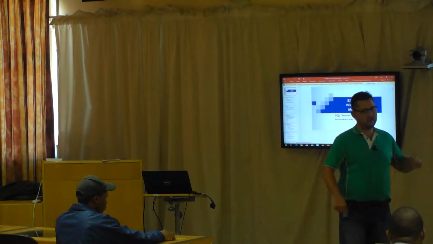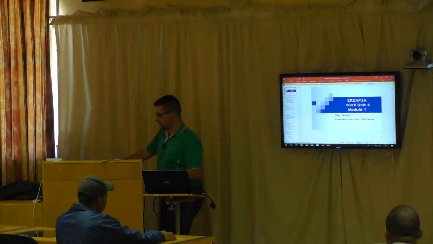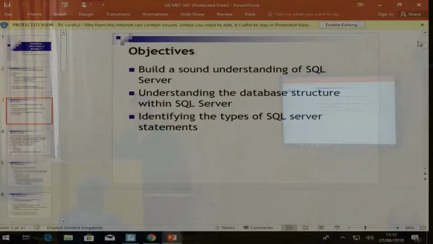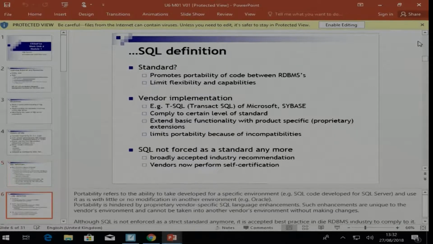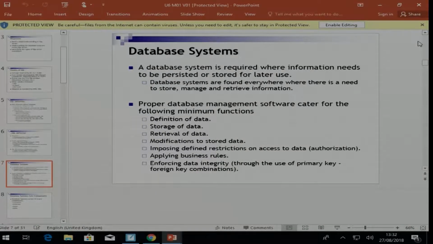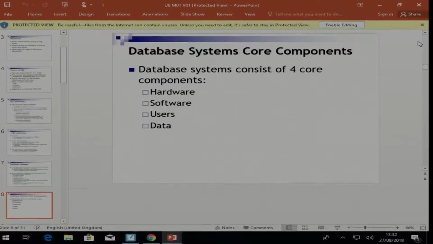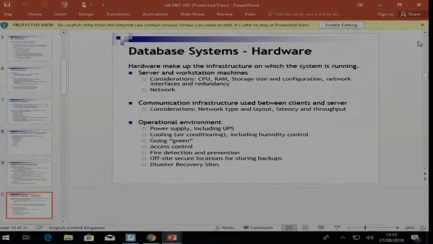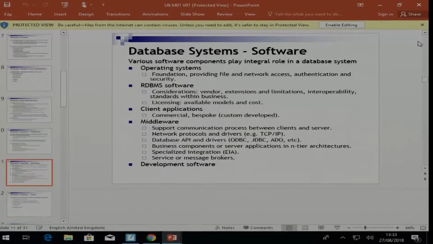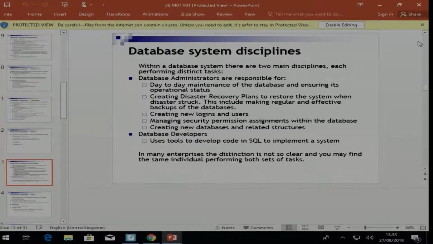At this point, this module just introduces some of the concepts about SQL Server, a bit about the history, the definition of SQL, the standards and vendors, database systems and the components to them, the 4 core components: hardware, software, users and data, and the structures of a database system in terms of the architecture, the various different hardware. Those hardware, software, users and data is mentioned quickly.